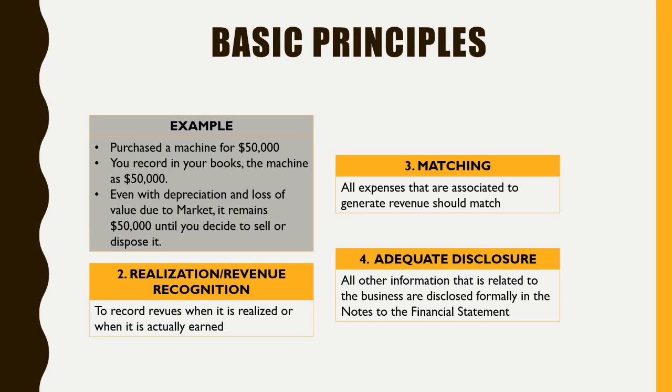That's my fair market value. Okay? I originally purchased it at $50,000, so it's going to stay in my books as $50,000. Even if I do upgrades, fixtures, maintenance, and I made it perform a lot better, it's still going to be in my books as $50,000. Okay? And that's this rule here.